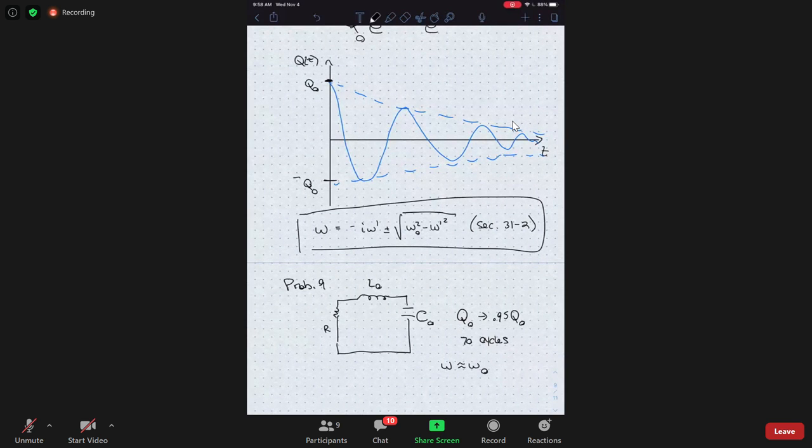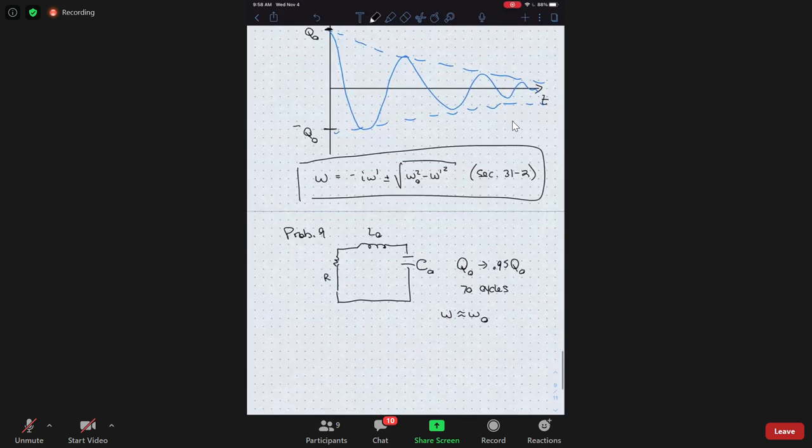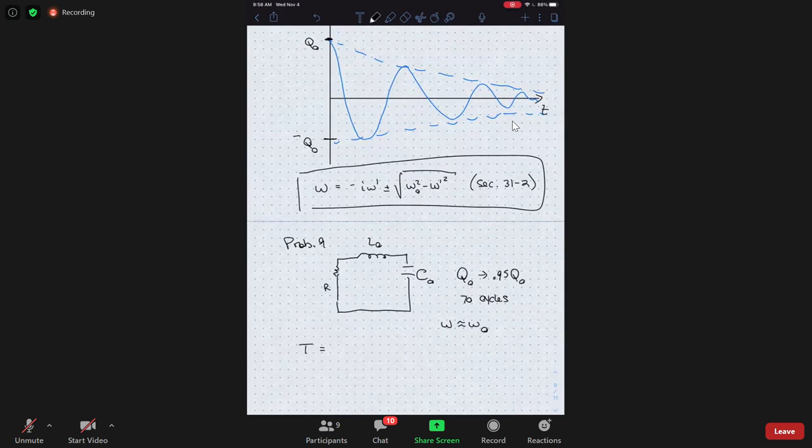Okay, so what you would do here is you need to know that the period of oscillation is 2 pi over omega. And so you can figure out what this omega should be because you know the value of omega naught, right? So this is 1 over the square root of LC. So you can figure out the period of oscillation, so you can find the time for 70 cycles.